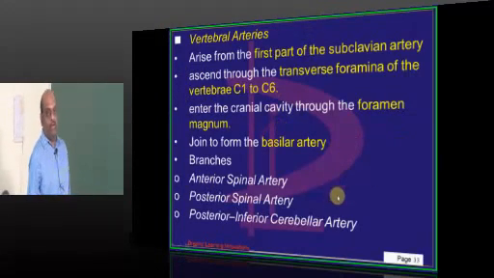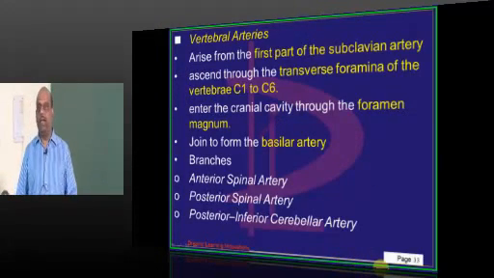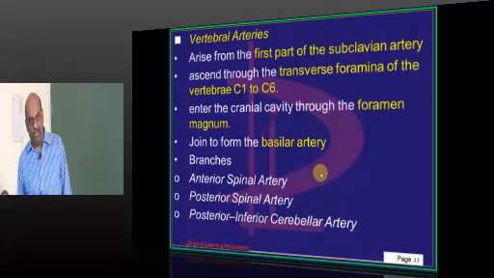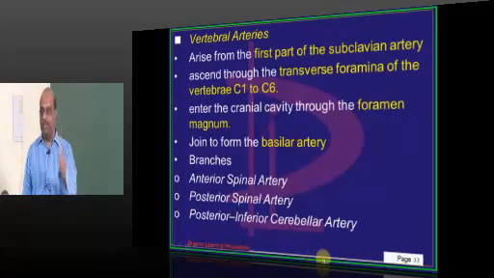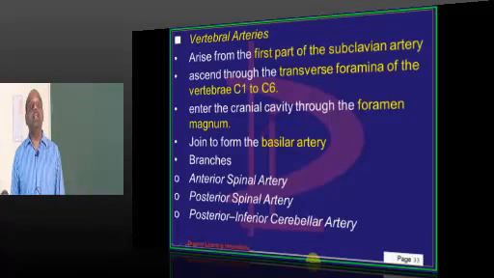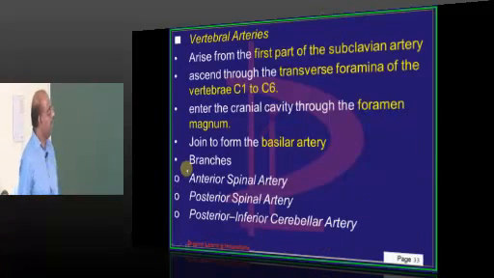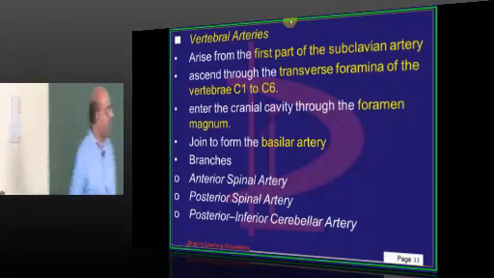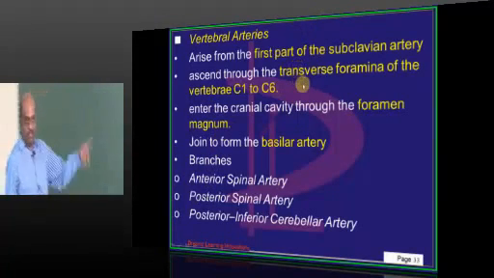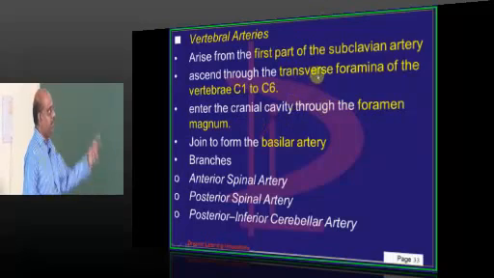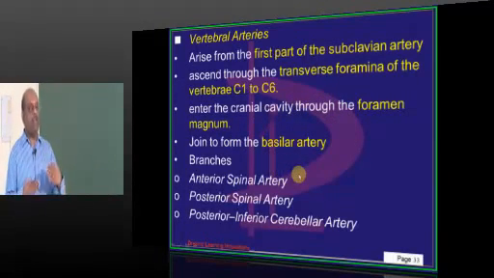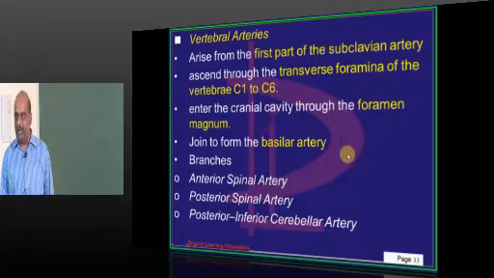Then the vertebral artery, doctor. Let's take in a little more detail the vertebro-basilar system and the circle of Willis, to say that we are fully ready with the vessels of the head and neck, right? So the vertebral artery is a branch of the first part of the subclavian. It passes through the C1 to C6 transverse foramina, enters through the foramen magnum, and the 2 vertebrals combine to form the basilar artery.